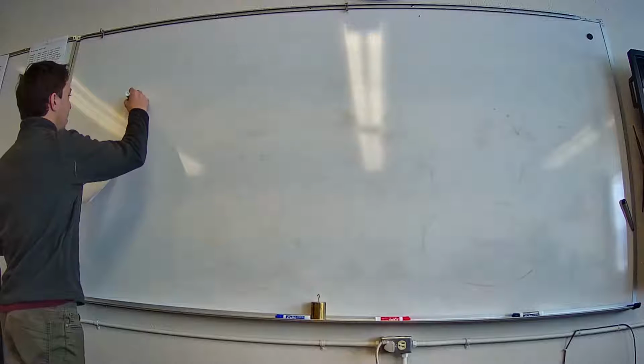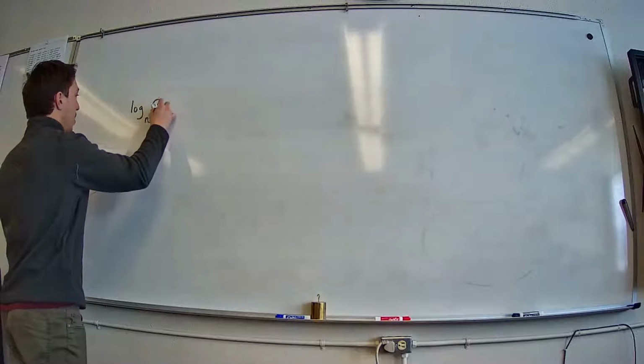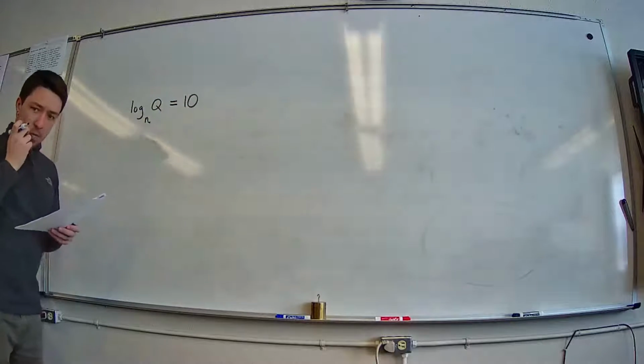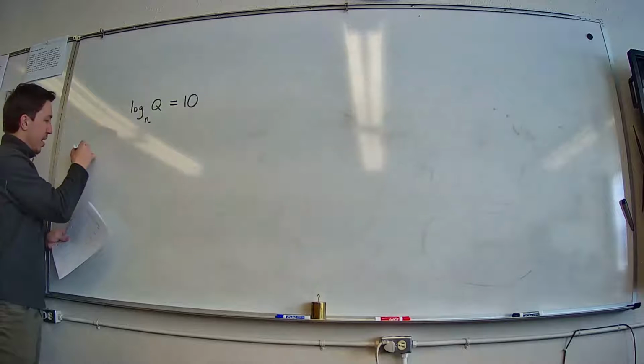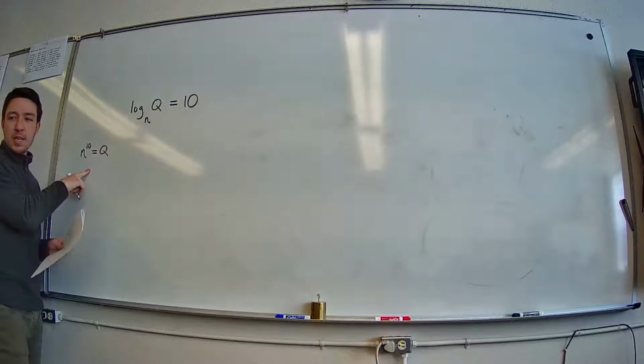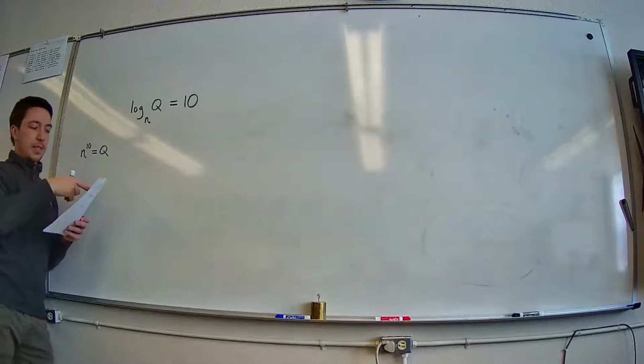Okay. So they tell us that log base n of q is equal to 10. Which, if you wanted, you could rewrite as n to the 10th power equals q, but that's not really going to help us a ton. Our focus here is on using the log properties to manipulate these expressions.